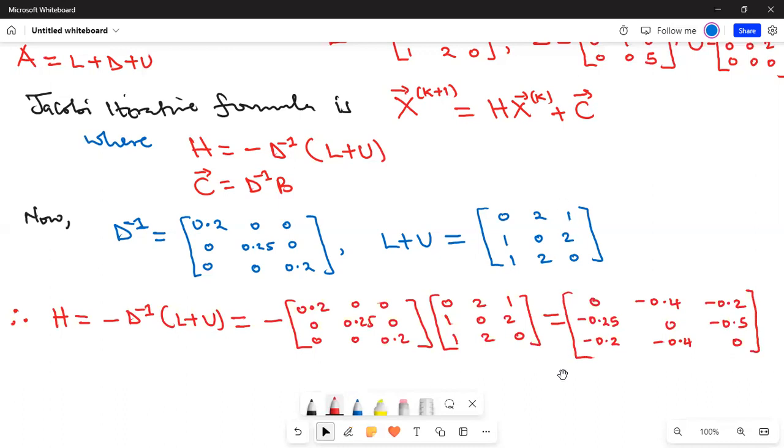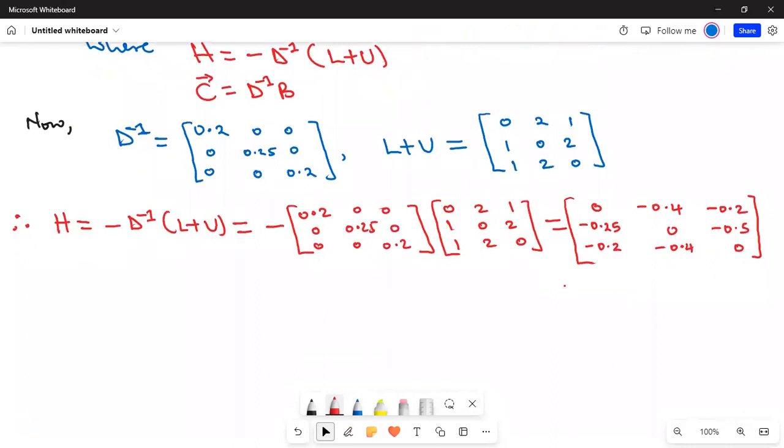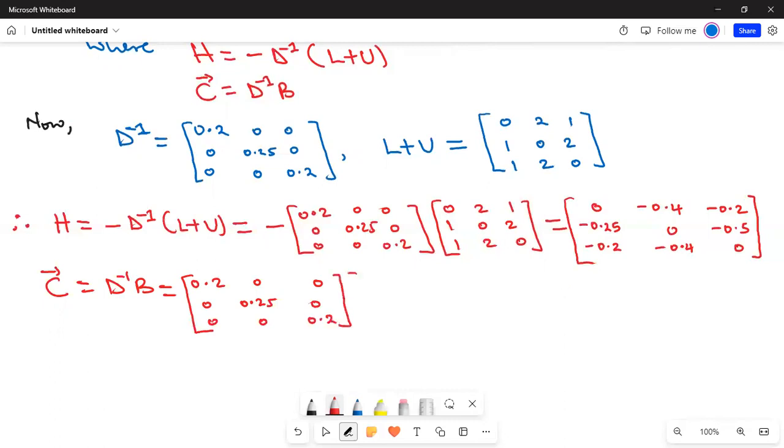Let us find C. So our C, the vector C, is D inverse times B. Our D inverse is 0.200, 0.25, 0.2 times our B. On the right hand side it was 12, 15, 20.